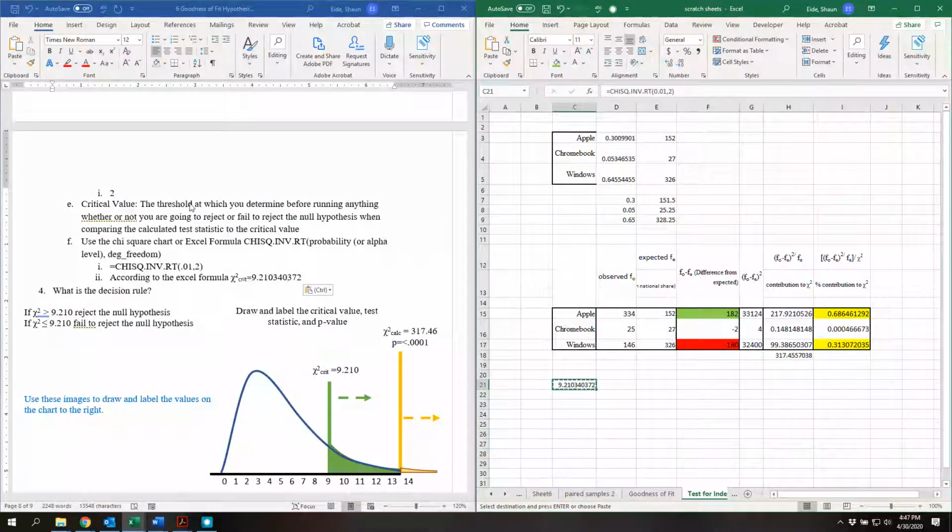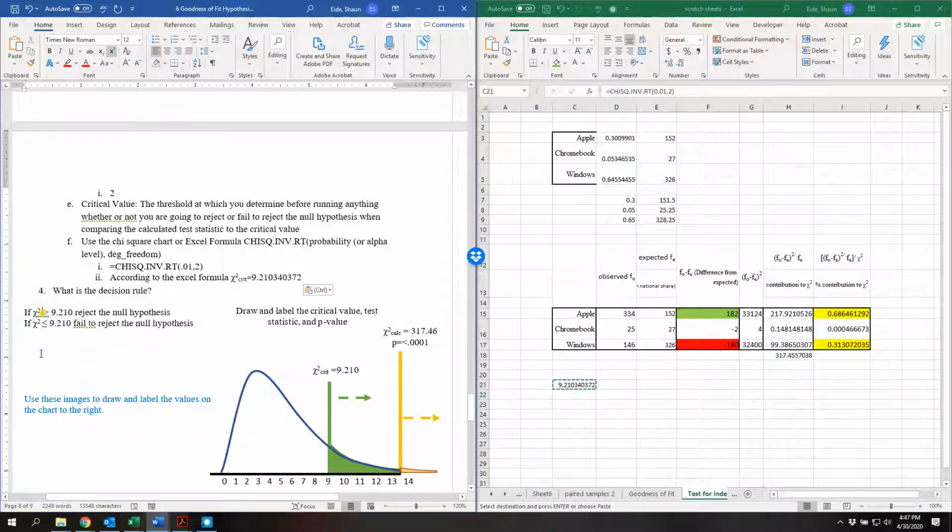Okay, and once again, what is a critical value? The critical value is that threshold, which we've got right here. This is that delineating point. Anything to the left-hand side, if I get a calculated value to the left-hand side of that critical value, then I fail to reject the null. If I get a calculated value to the right-hand side of that critical value, then I reject the null hypothesis. And so that's what I'm writing right here.